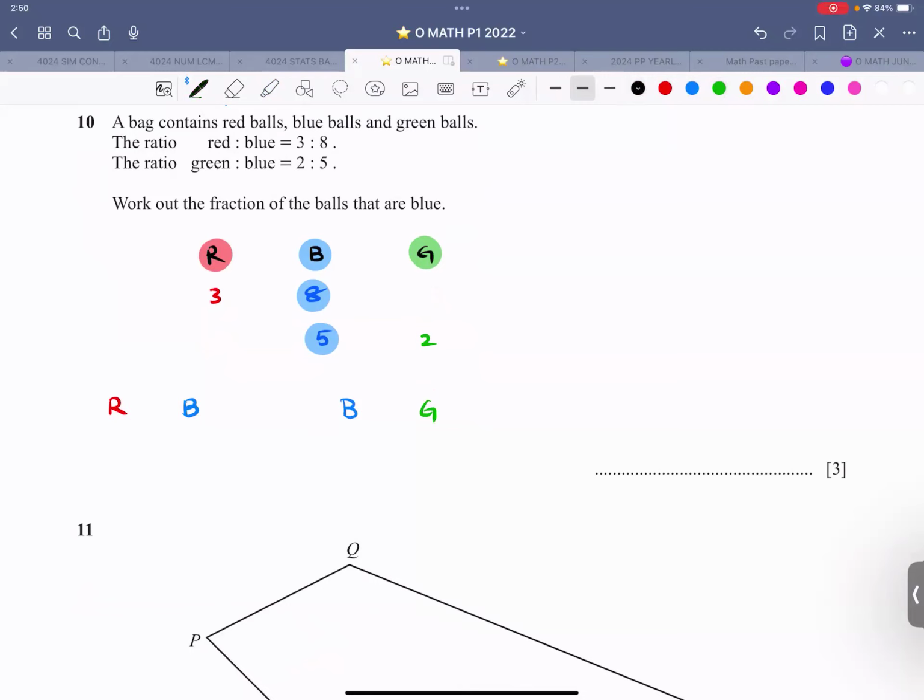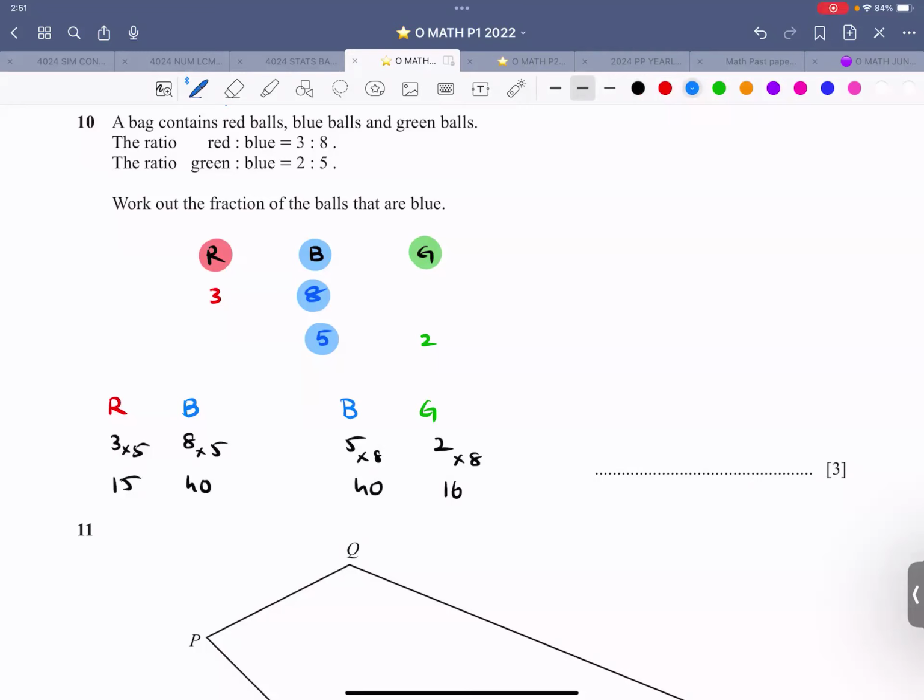So if I write 3:8, and if I multiply by 5, this is 15 and 40. And blue to green, that's 5 and 2. If I multiply by 8, this is 40 and 16.